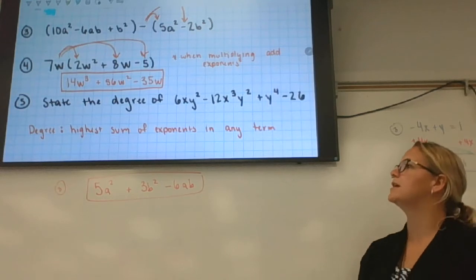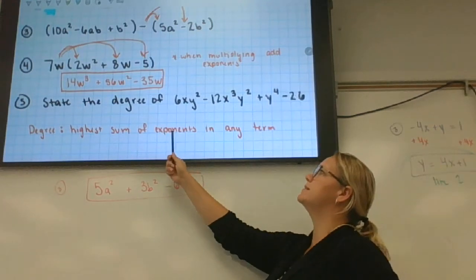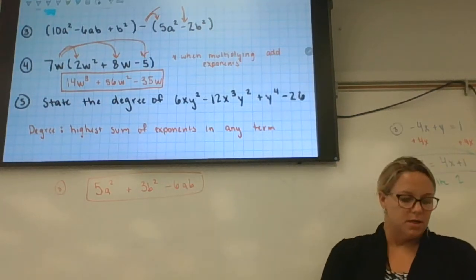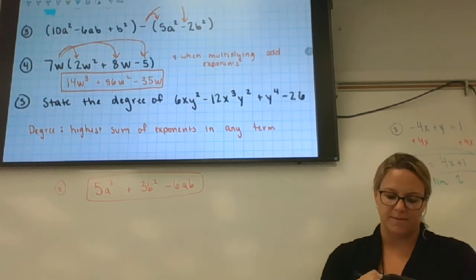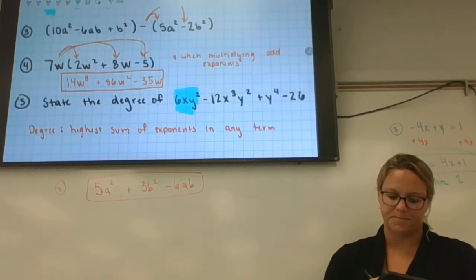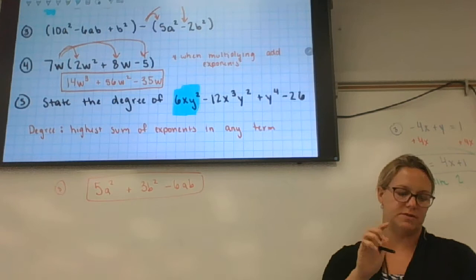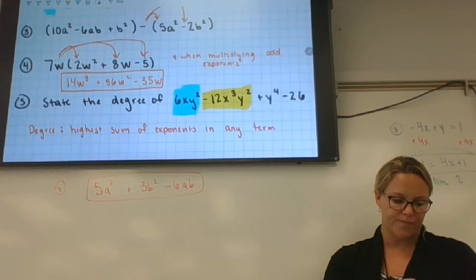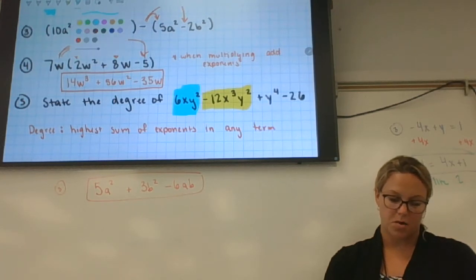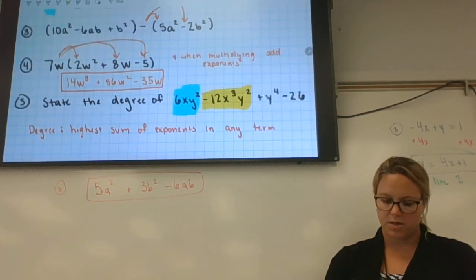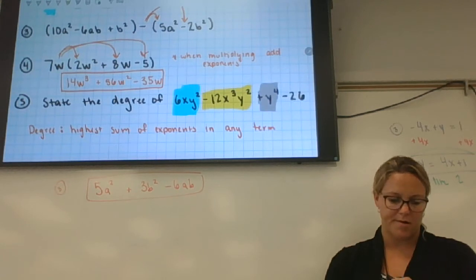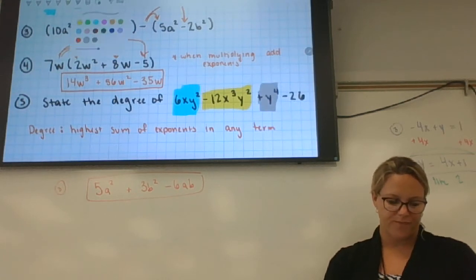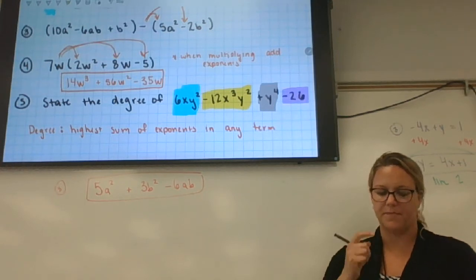So on Friday, we talked about degree being the highest sum of exponents in any term. So to kind of get your eyes right, this is the first term. So you would add those exponents together. And this is your second term. Third term. Fourth term.